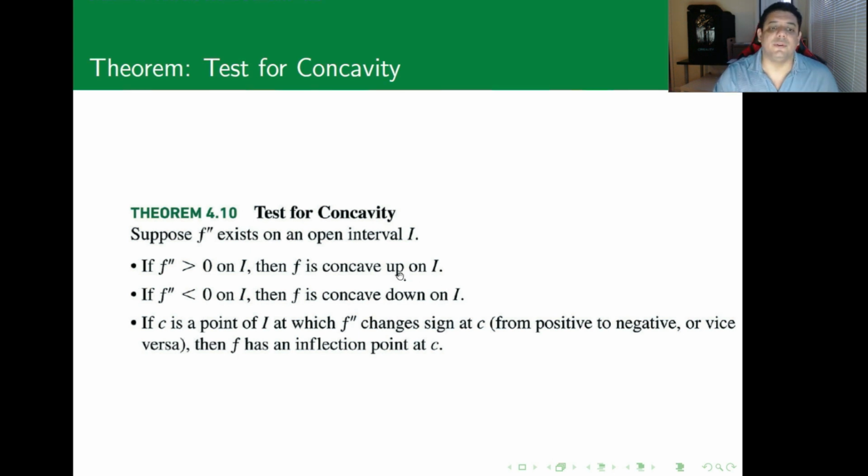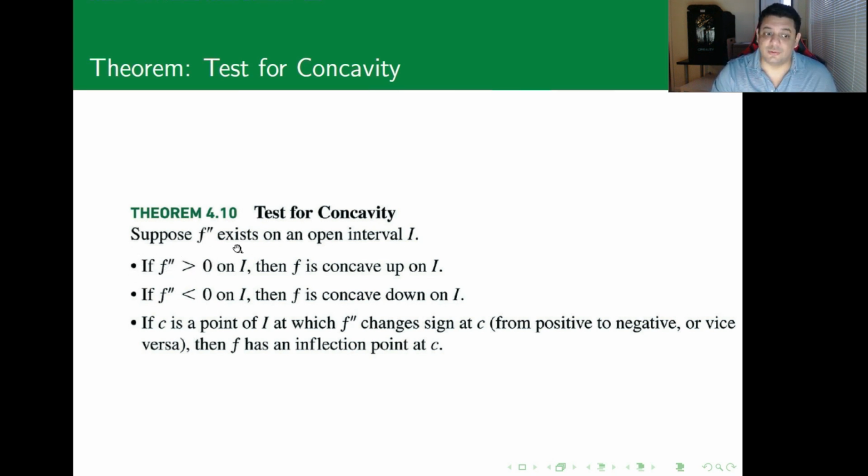Now, how to test for concavity? Checking tangent lines is not ideal. So instead, we're going to use the second derivative for that. If f prime exists in an open interval I, then we check with the second derivative.